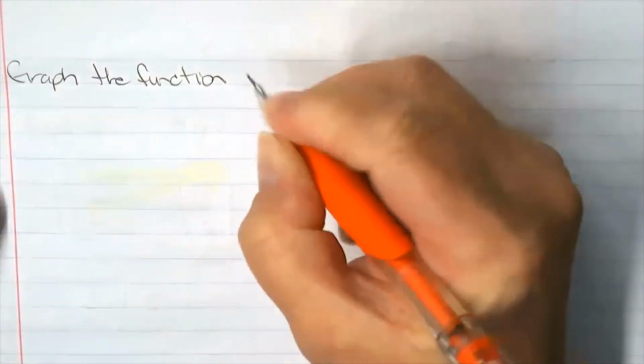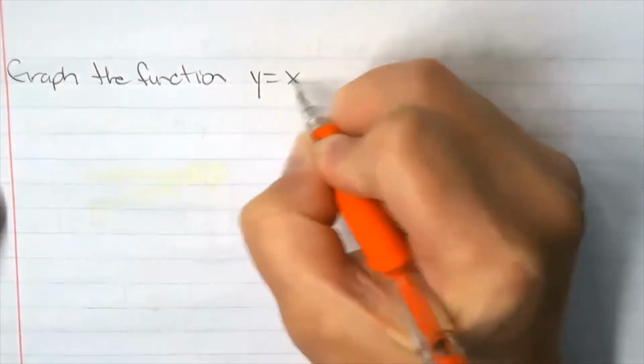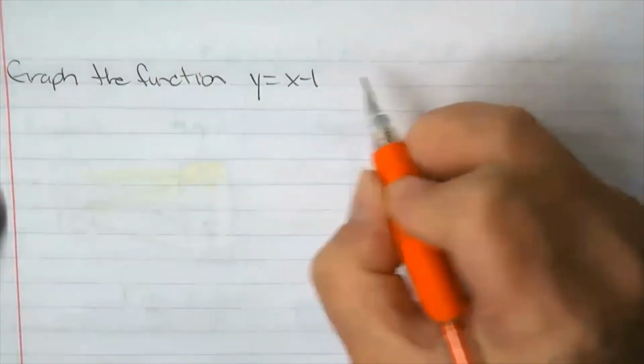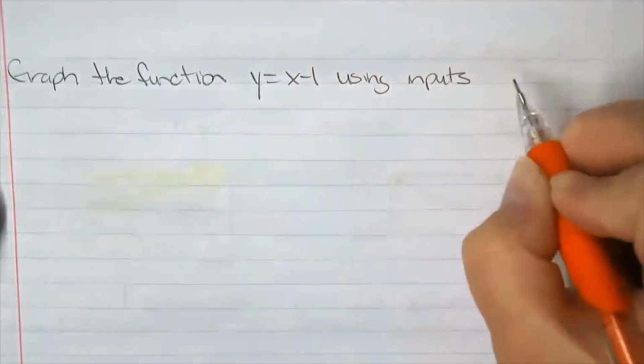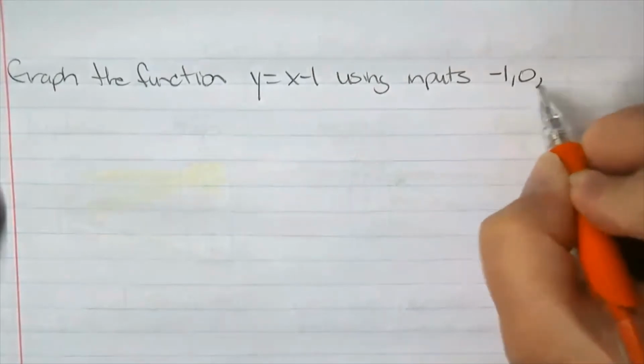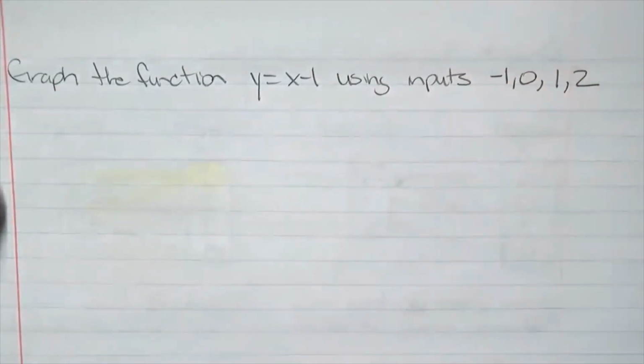So the first one, graph the function y equals x minus 1 using inputs -1, 0, 1, and 2.